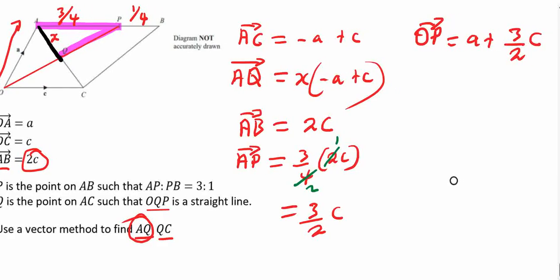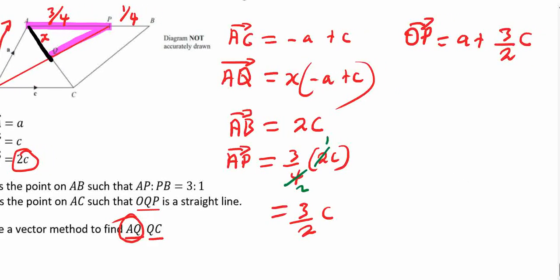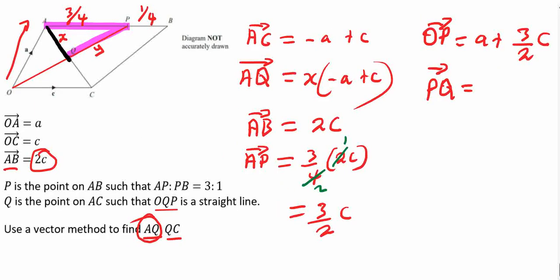So now we have OP. To generate PQ, PQ is a fraction of OP, but moving in the opposite direction. So let's assign Y to the fraction for PQ. Remember that OP is a movement in this direction, and now we are talking about PQ, which is the opposite direction to OP.